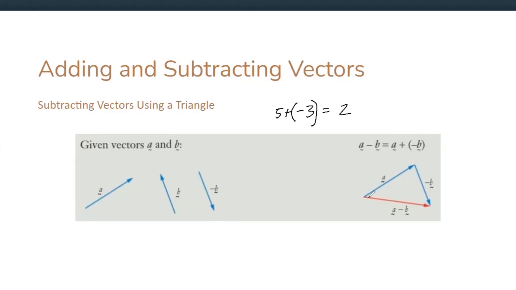So we start at this tail and we go to that tip. And then that gives us a minus b. And that's exactly what we wanted. So when you're subtracting vectors, you can use the same triangular addition, but you have to use the negative version of the vector. And you have to be really careful about which one you're making negative and which direction the negative version should actually be pointing. So that's really something to pay attention to.